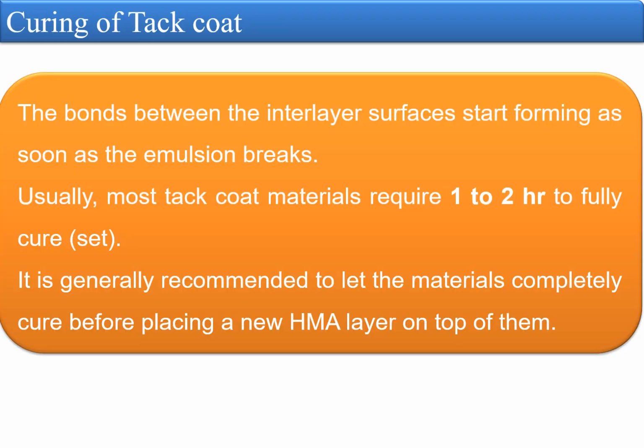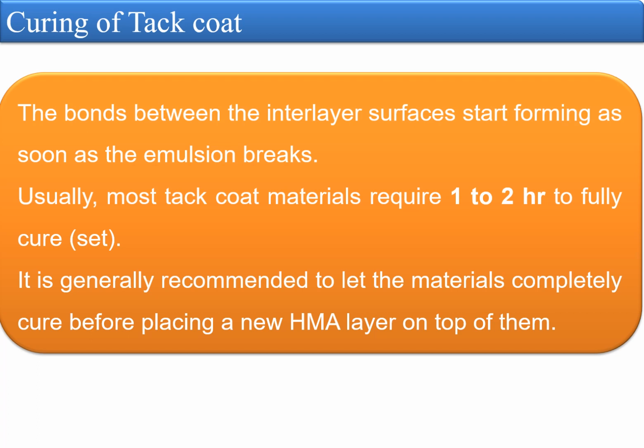When we say curing of a tack coat, the bond between the interlayer surfaces starts forming as soon as the emulsion breaks. Usually, most tack coat materials require 1 to 2 hours to fully cure or set. It is generally recommended to let the materials completely cure before placing the new HMA layer on top of them.